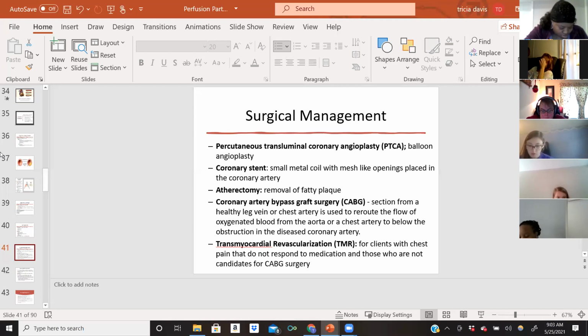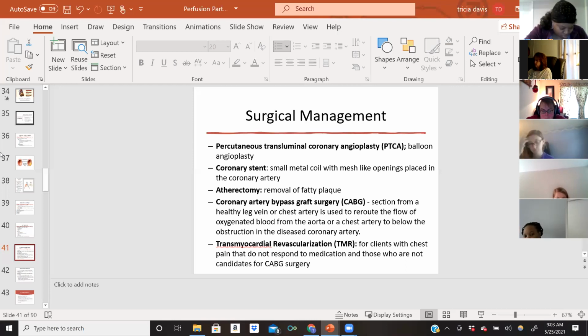So CABG ×2 would be 2 arteries, CABG ×4 would be 4 arteries. They take a section from a healthy leg vein or a chest artery to reroute the flow of that oxygenated blood from the aorta or a chest artery to below the obstruction in the diseased coronary artery.